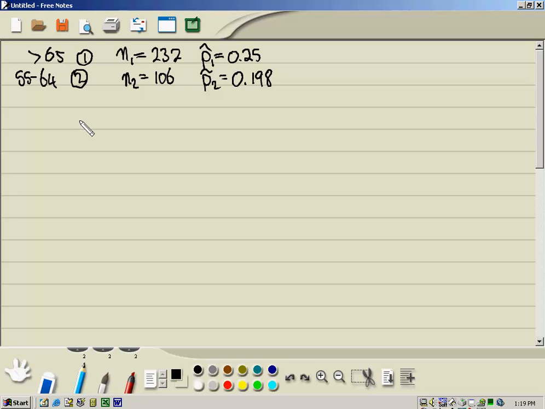Alright, so the question was, is there a significant difference? The word significant is a weak word, so we won't use that to describe the hypotheses, but difference is the question, with an alpha of 5%. Difference is a two-tail situation. We don't care which way it is different, up or down, so this is two-tail.